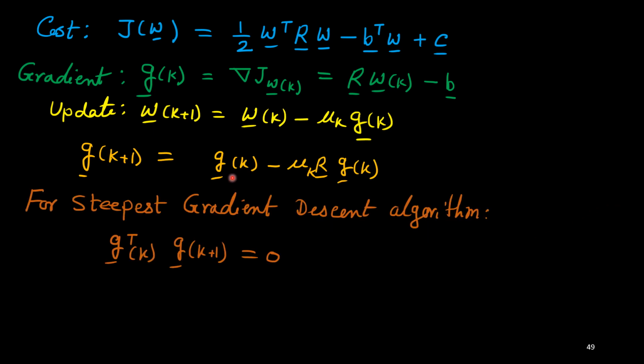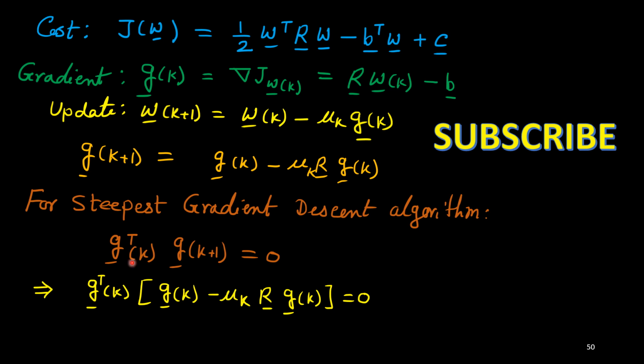Now for the steepest gradient descent algorithm, we have got this condition that g transpose k times gk plus 1 should be equal to 0. Now replace gk plus 1 here.